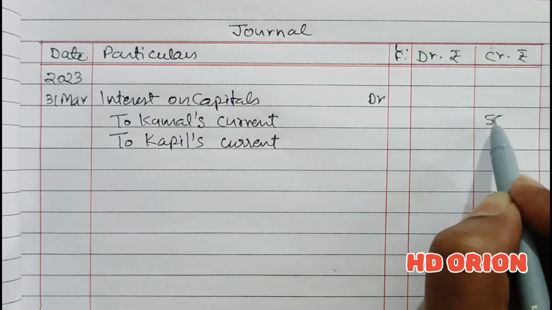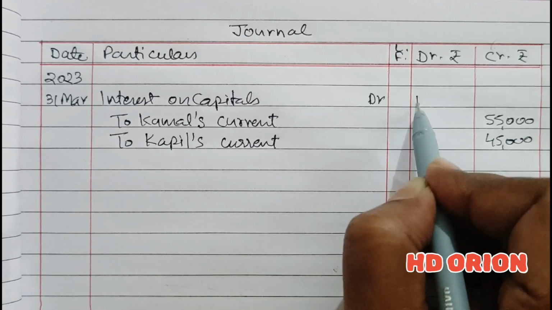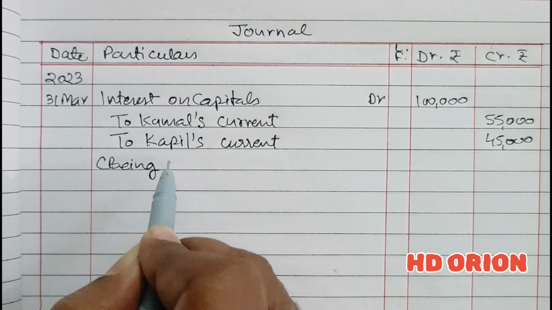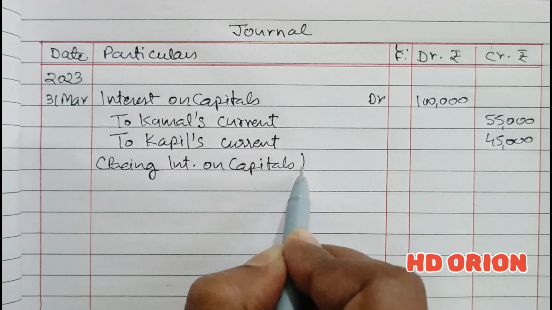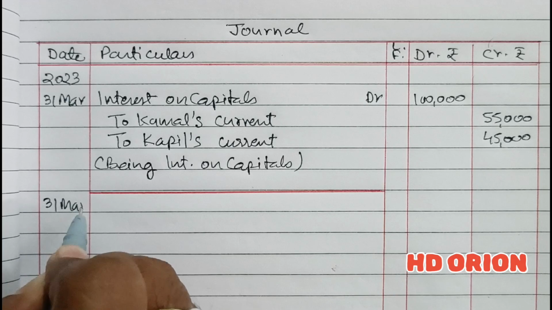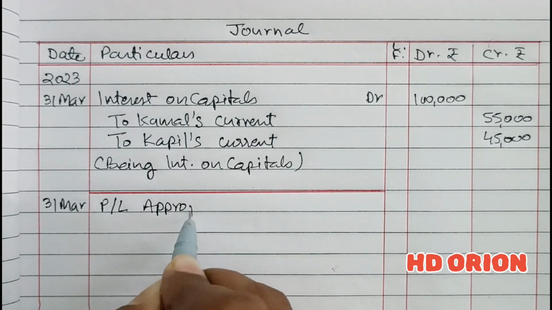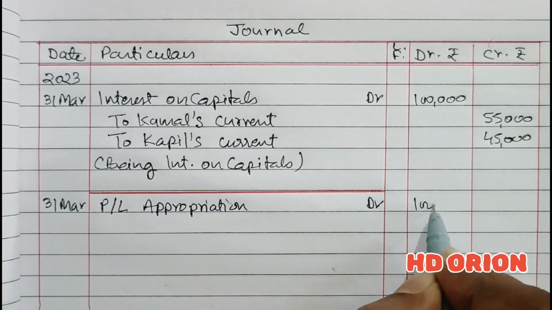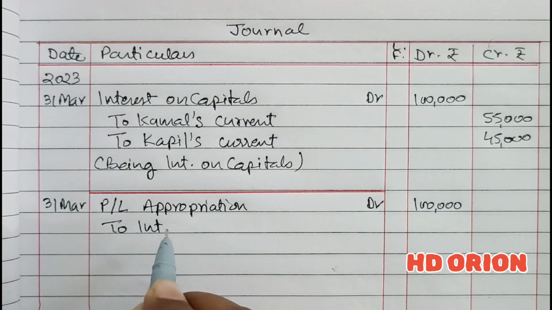As we have calculated 55,000 for the first partner and 45,000 for the second partner, so it is 1 lakh rupees. Being interest on capitals to partners. Now on the same date, we will transfer this to profit and loss appropriation account and close interest on capital account.